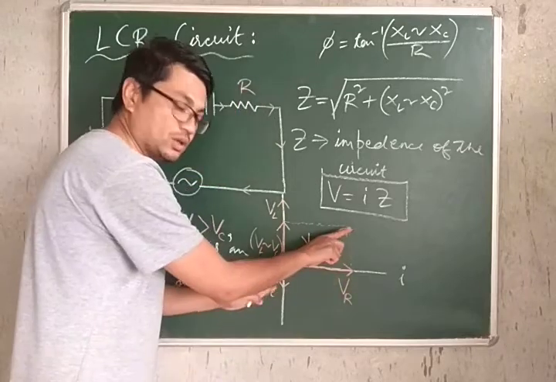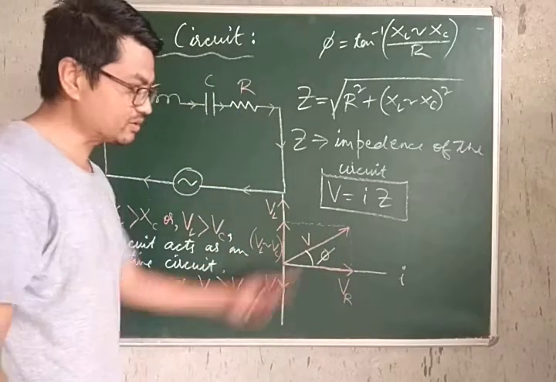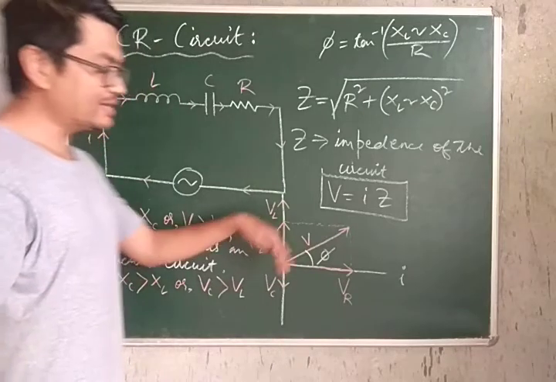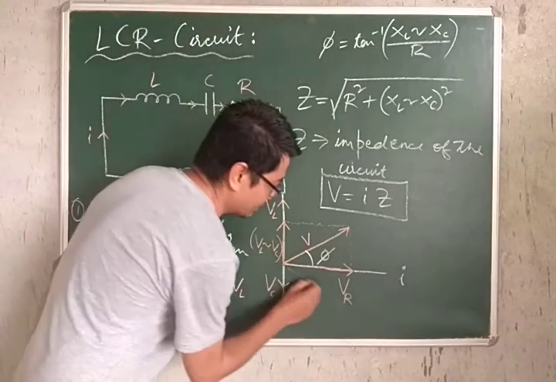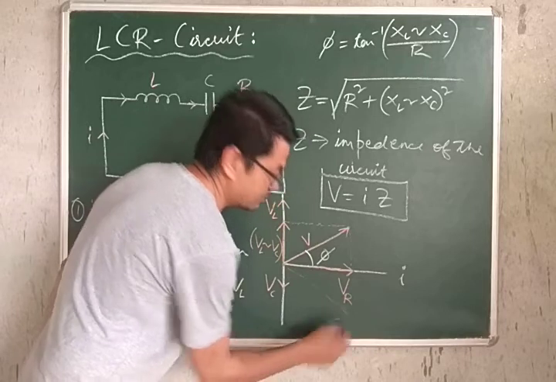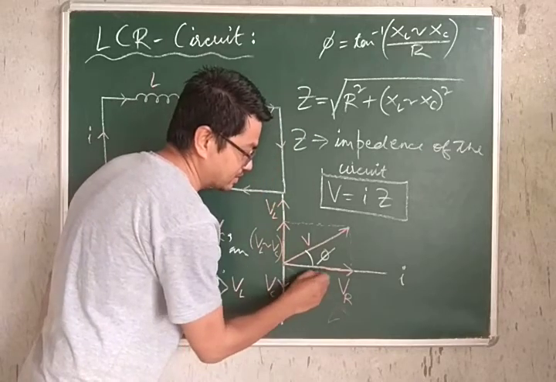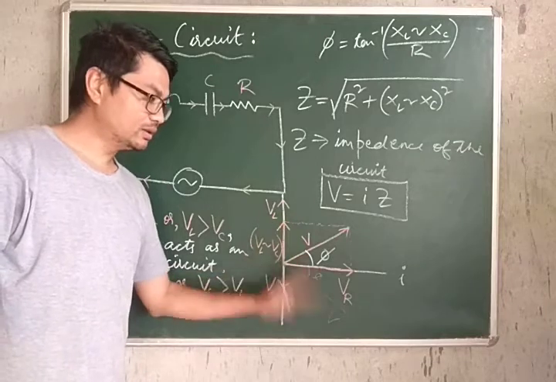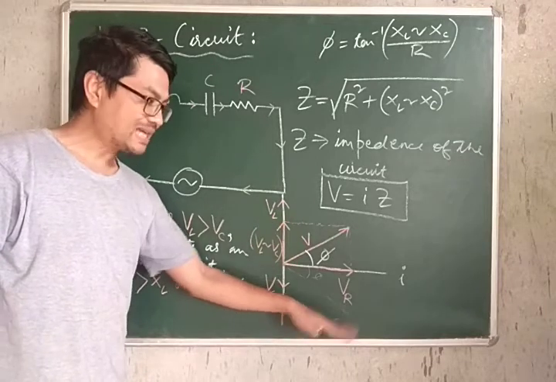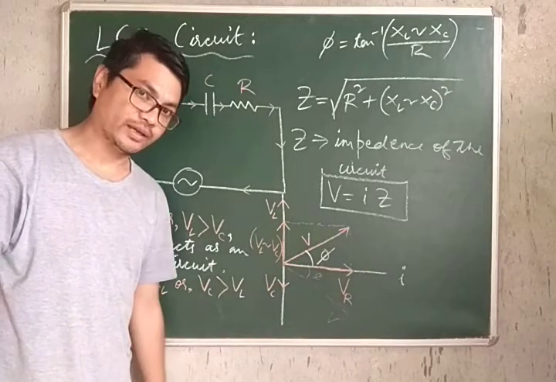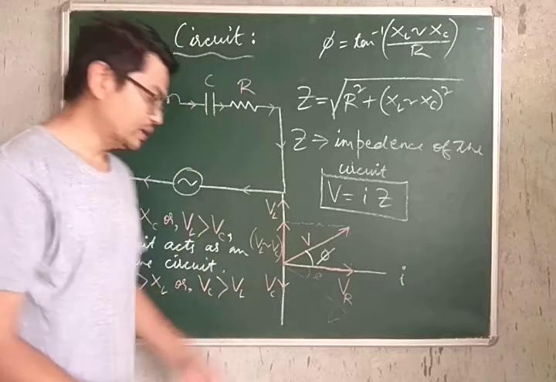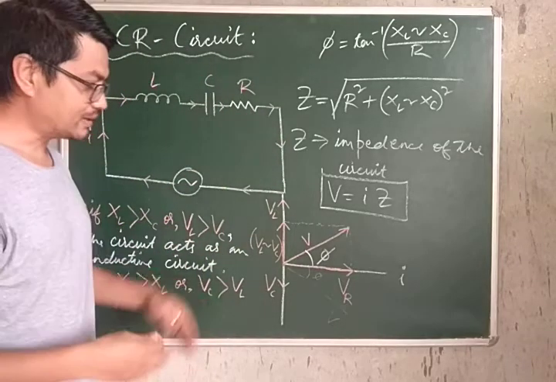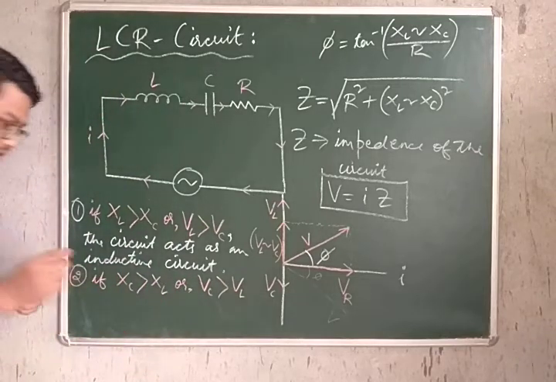The same picture, exactly reversed, a mirror image of this, so to say. Understood? So in that case, what happens? The potential V will be somewhere over here, and this will be the phase angle. So if VC is greater than VL, the voltage lags behind the current by a phase angle of phi. Or in other words, the whole circuit starts acting like a capacitive circuit.